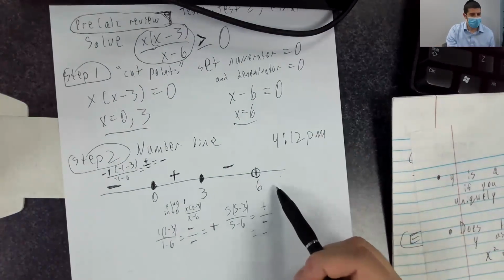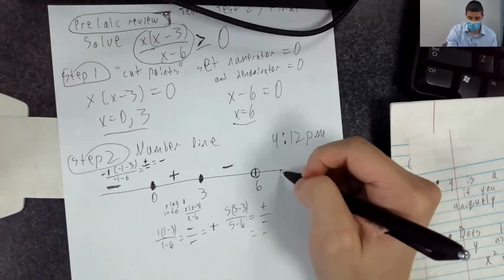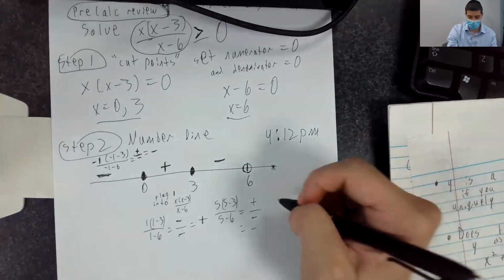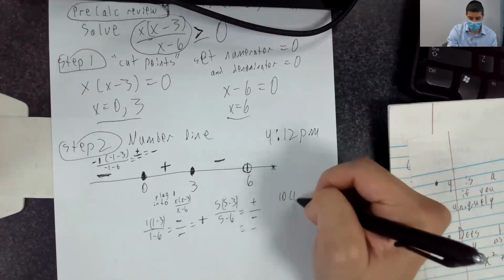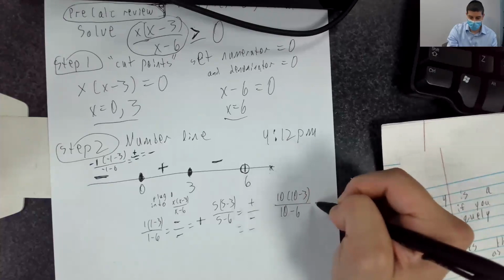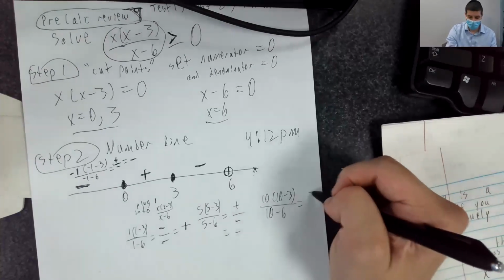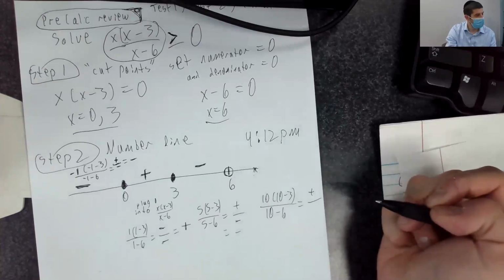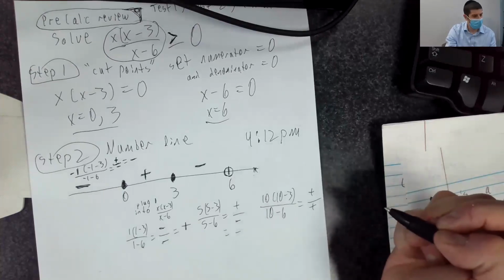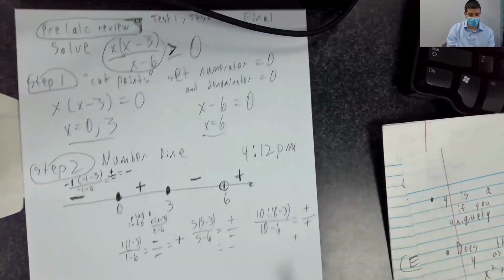Something bigger than 6 I can plug in. 10, okay. Sure, 10 is fine. 10 times 10 minus 3 divided by 10 minus 6. Numerator, positive or negative? Positive. Denominator? Positive. So the whole thing is positive. Okay, now I'm almost done with an answer.